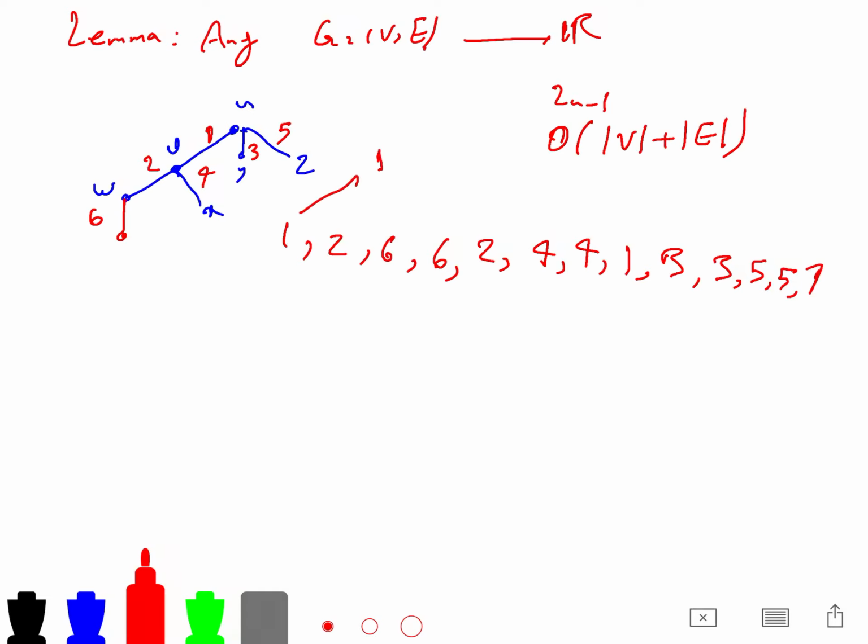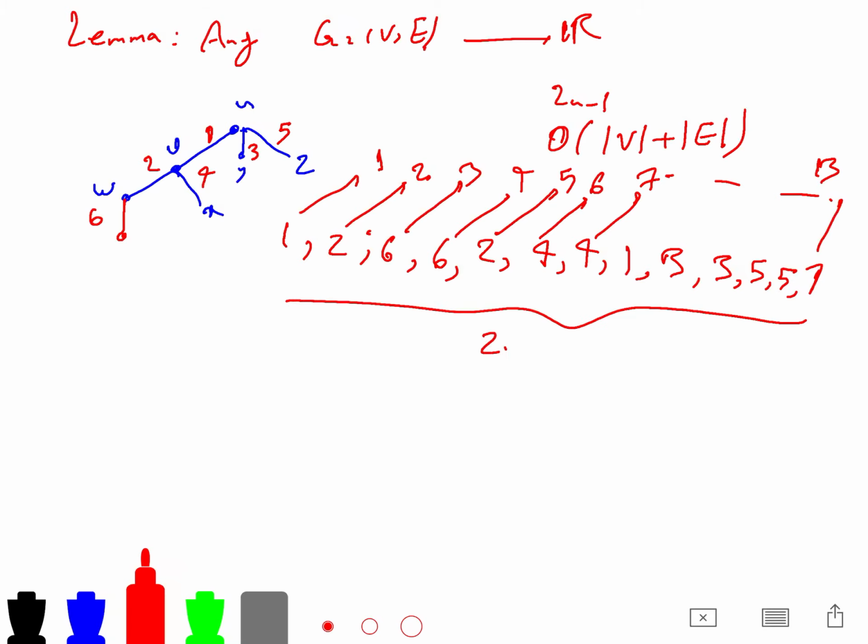So this is 1, this is 2, this goes to 3, so I'm counting them. I'm assigning a value in R. This is my 6, this is my 7, and this goes until 13. So we have a length of 2n. Since the resulting graph is Eulerian, we can consider an Euler tour.